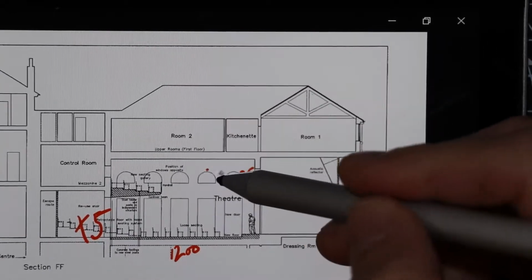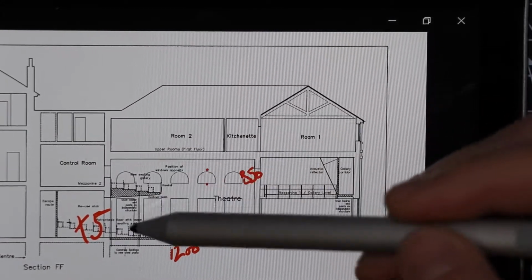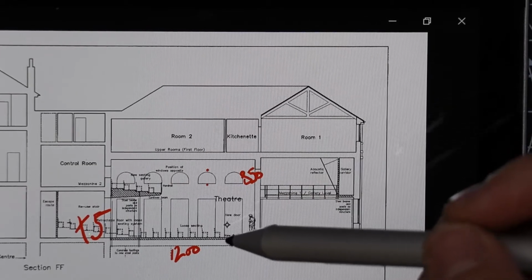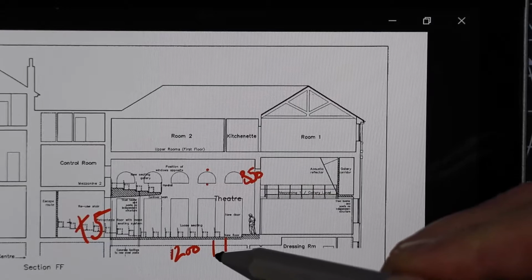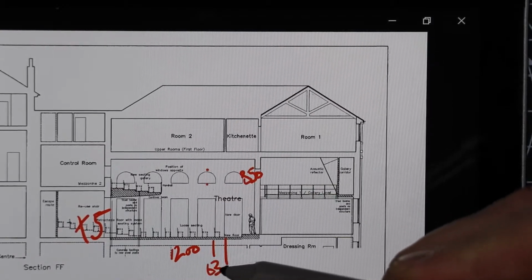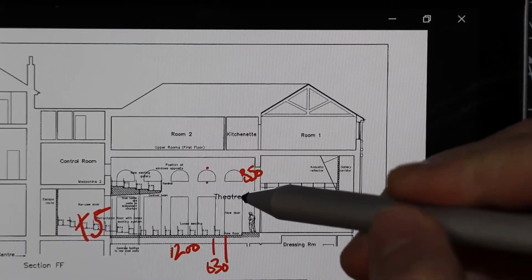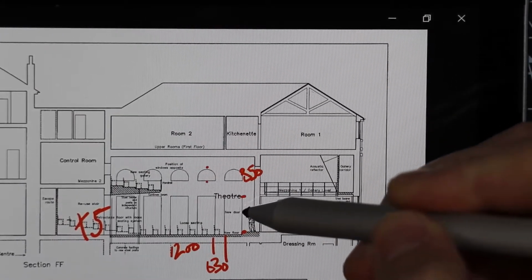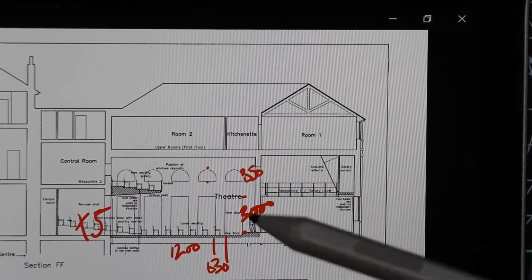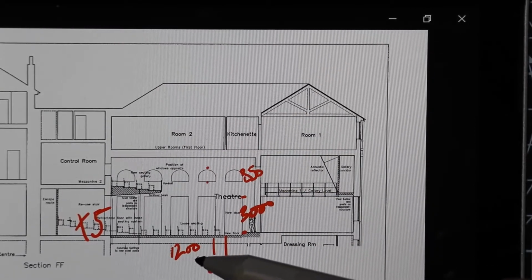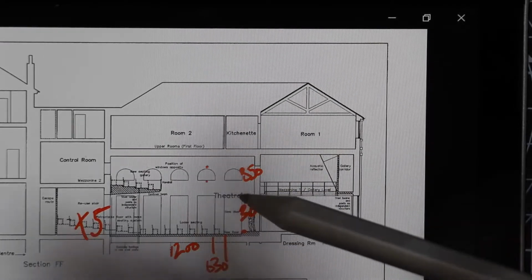And that's the height from the top of the dome to the base of the dome there, 1,200 wide. 5 of those, and that gives us a spacing of approximately 630 between each object. The heights of the windows are 3,000. Okay, so the windows are 3,000 by 1,200, and 850 by 1,200.